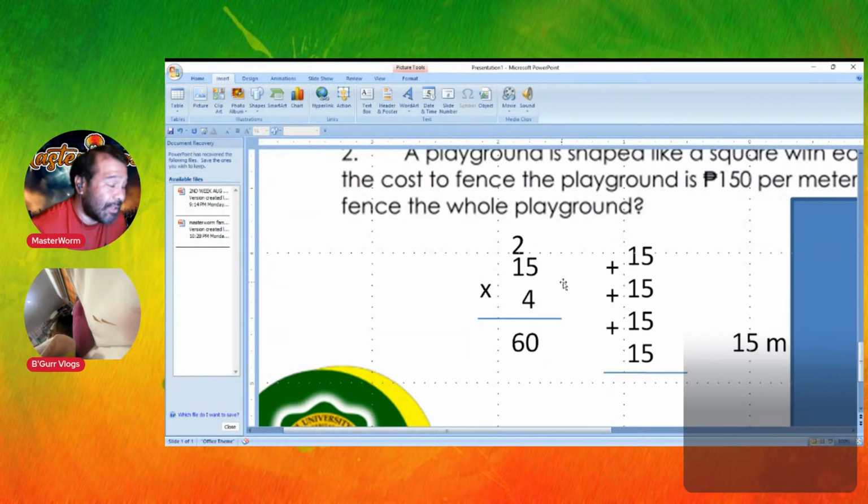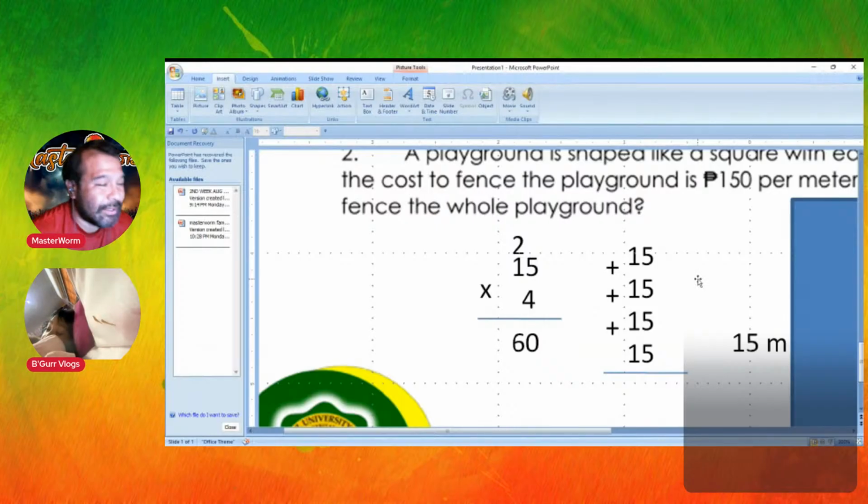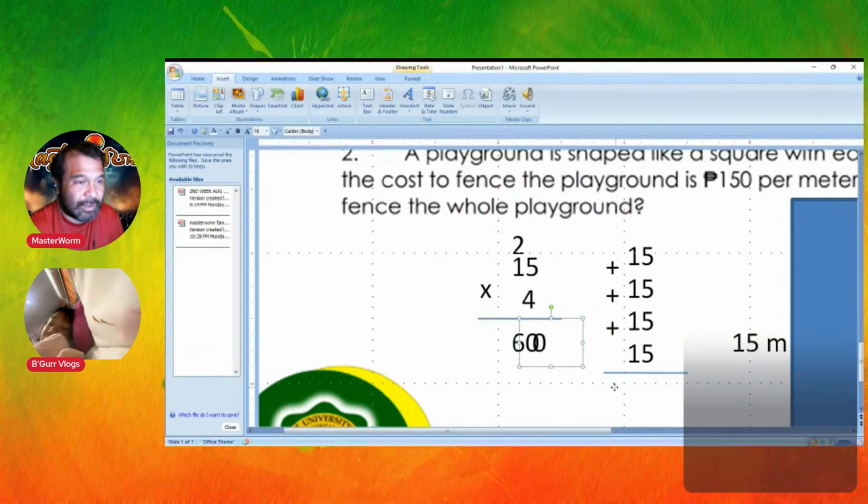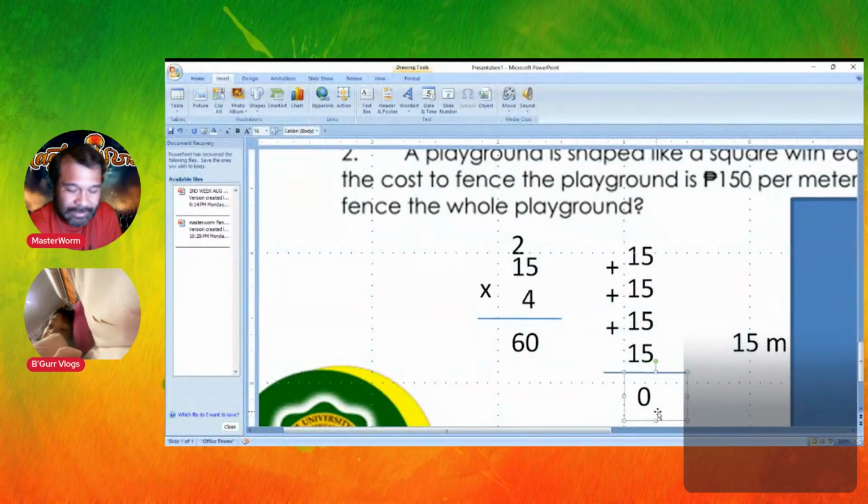So in order to make sure, let's do the addition, 15 plus 15. 5 plus 5, 10, plus 5, 15, okay, plus 5, 20. Okay, 20. So you put the 0 here again, the same. And then you carry over the 2 on top.